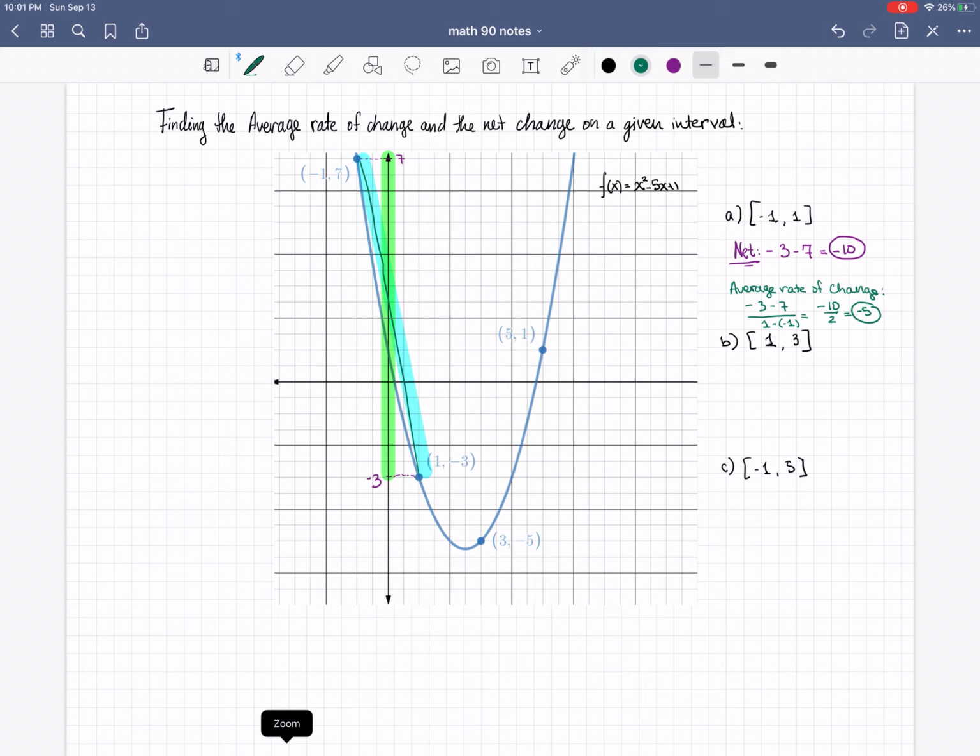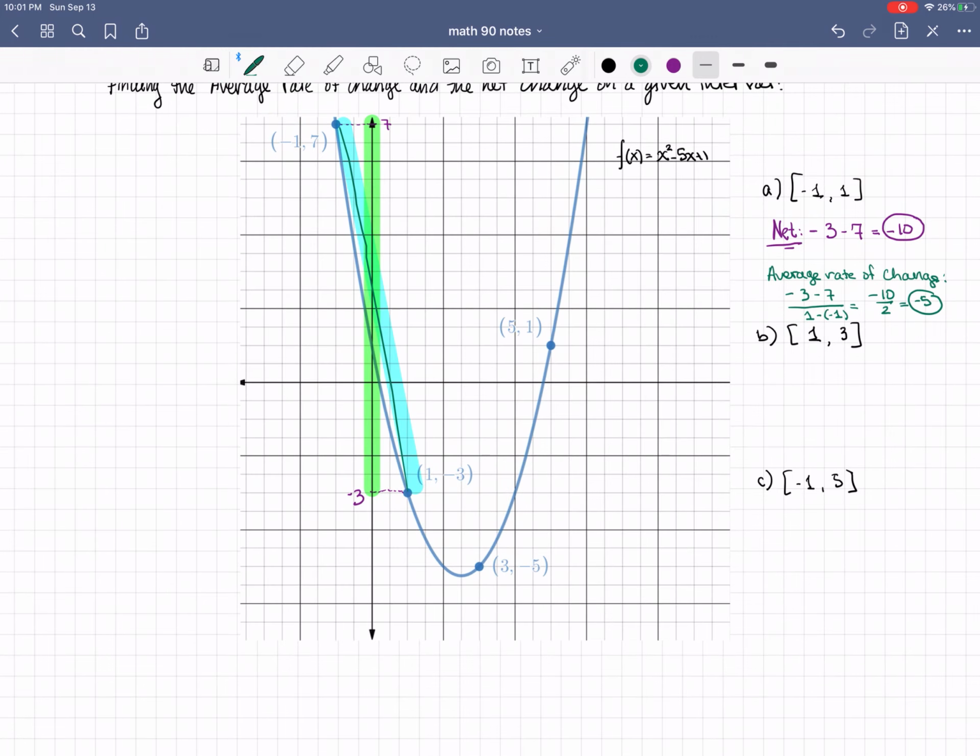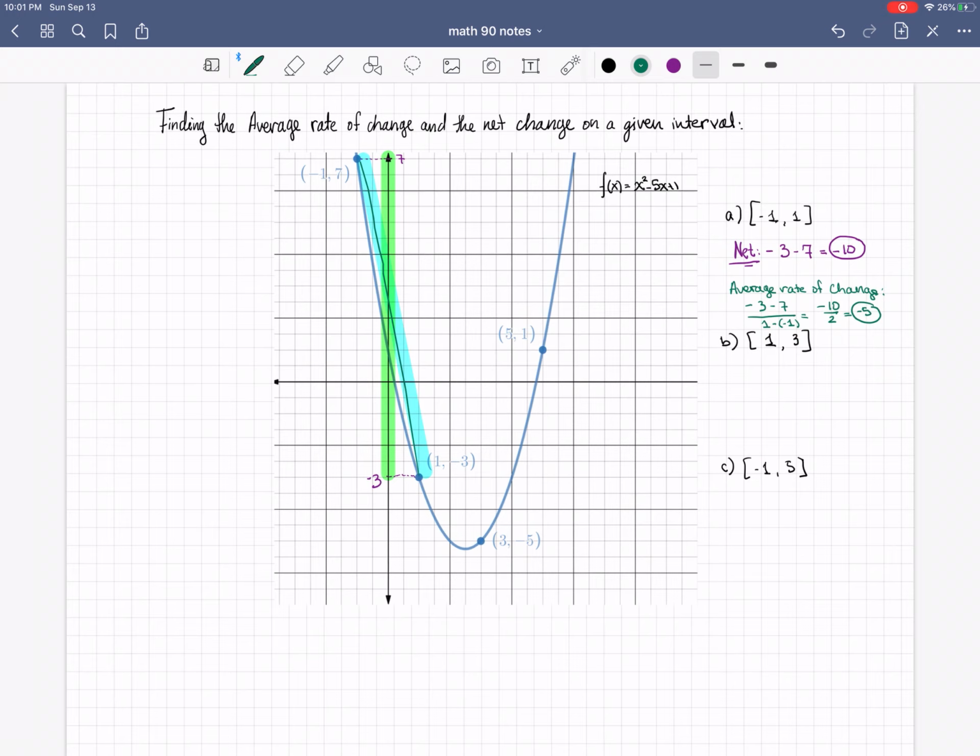Now let's look from 1 to 3, okay? So same thing, we're going to look at net and we're going to look at average. So the net, you're just looking at the change in the value. So again, you can see that you have a decrease. So we started with a y coordinate of negative 3, and we ended with a y coordinate of negative 5.